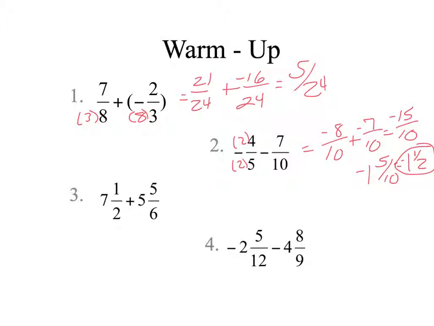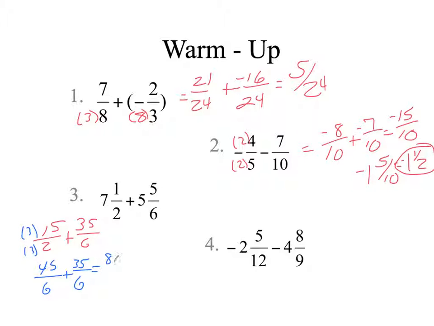For 3 and 4, they are both mixed numbers. I change mine both to improper. So that's going to give me 15 over 2 plus 35 over 6. I'm going to multiply the first fraction by 3 in order to get my common denominator. So that's 45 over 6 plus 35 over 6.